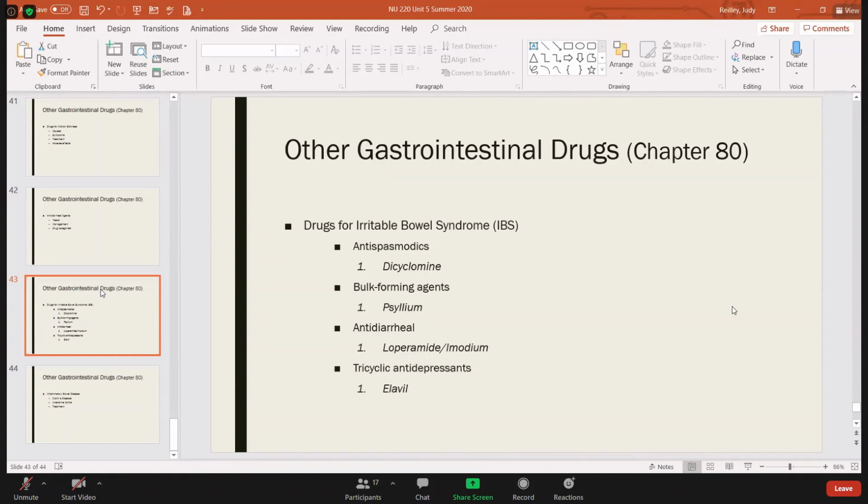That is Bentyl, a very good medication for patients who have abdominal cramping that's not relieved by other medications. Bentyl is very useful and successful in treating IBS for patients.